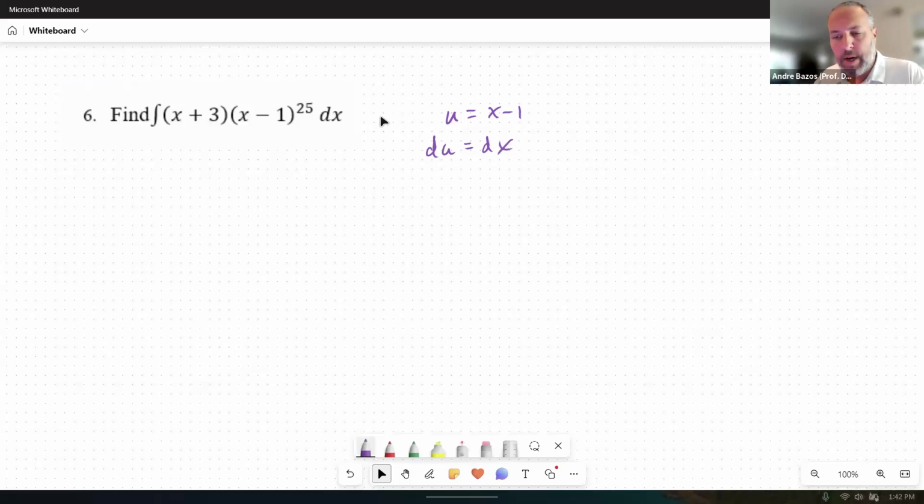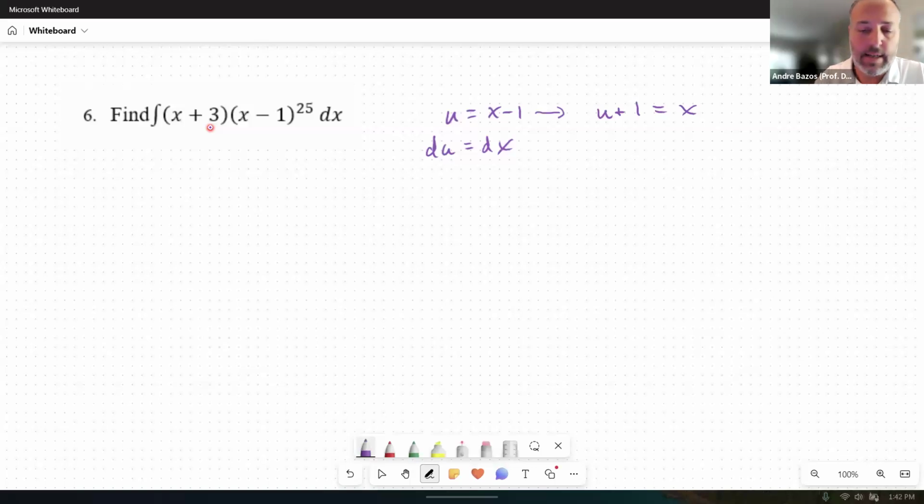Okay, so let me go ahead and replace this stuff with what I have so far. But I just got u to the 25th power and du there. I still have this x plus 3, so let me go ahead and figure out how to deal with that. If I just take this and solve for x, so add 1 to both sides, u plus 1 equals x.